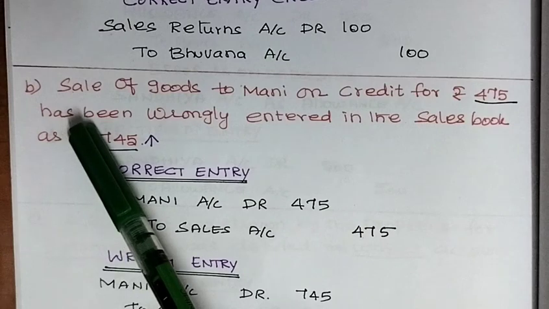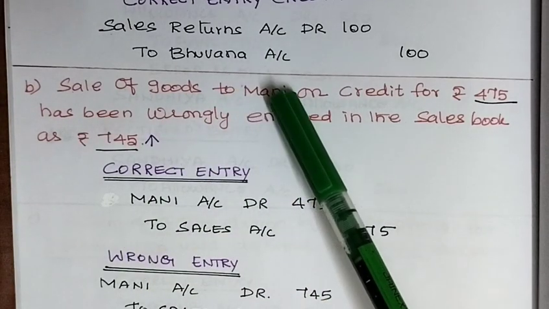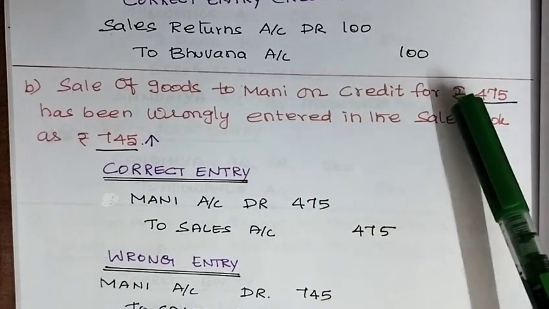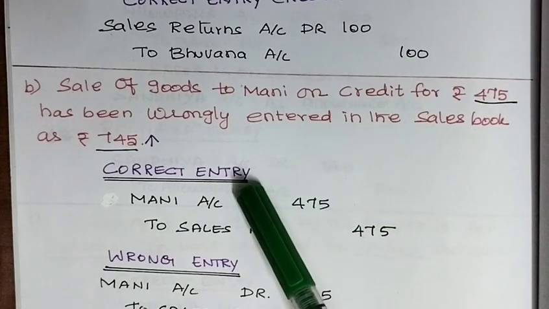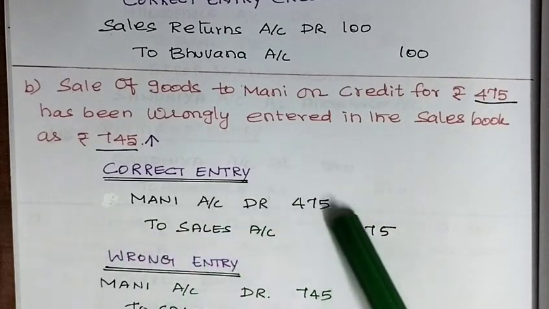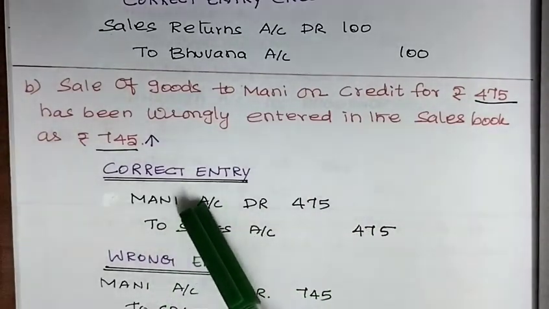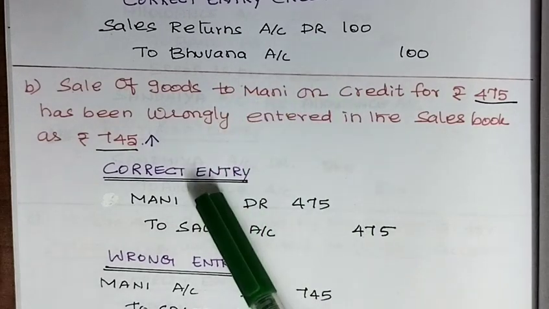Up to this, this transaction is the credit sales. You sold goods to Money on credit ₹475. What is the entry? Money account debit ₹475 to sales account. So Money is the receiver. You sold goods to Money, so Money is the receiver.